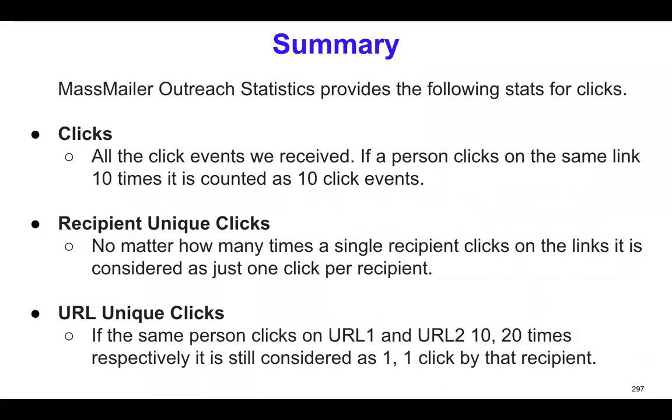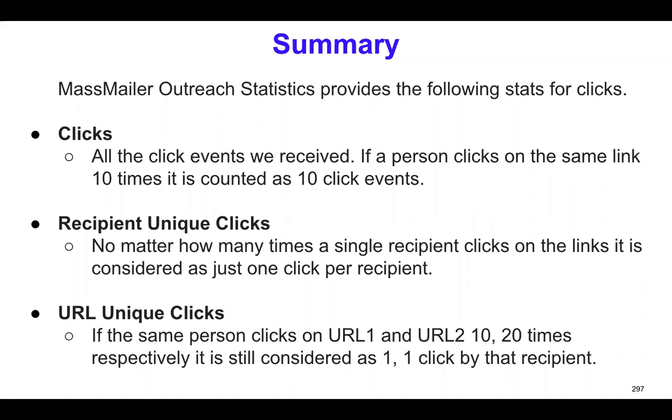Just to summarize once again, as you know, MassMailer Outreach statistics are captured and stored in the object called MassMailer Outreach, where you would see three different statistics related to clicks: clicks, recipient unique clicks, and URL unique clicks. Clicks is very easy to understand. Every click event is captured as a separate click event.